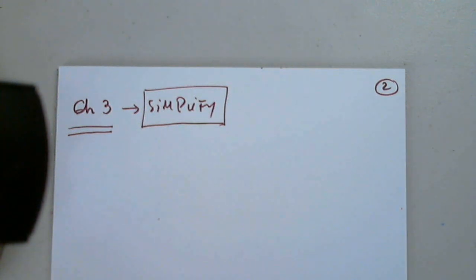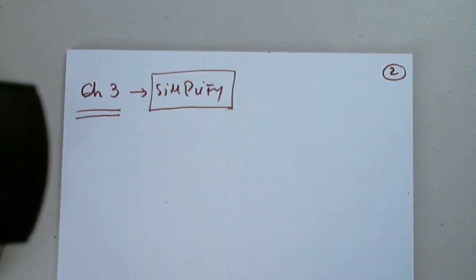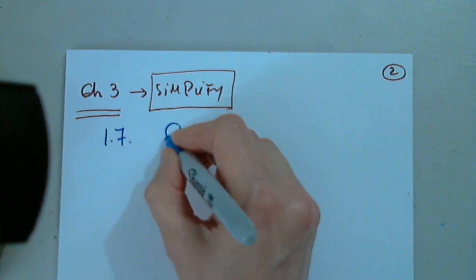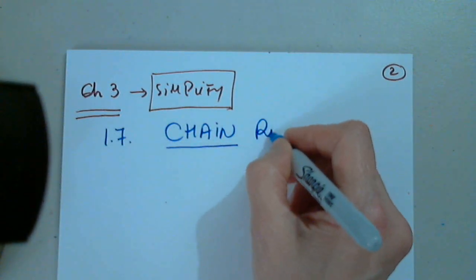Okay, so in that case, I would like to try to finish today if we can, so we can review and review and review for test 1. So we are looking at 1.7, and we said this is the last rule for now. It's called the chain rule.